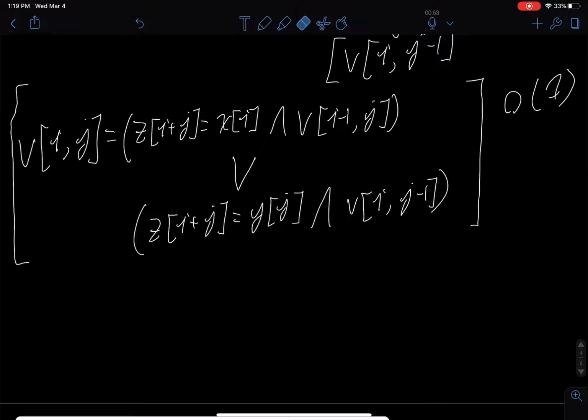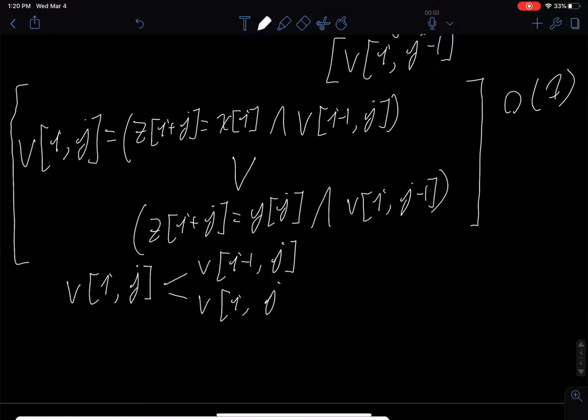Because if we're trying to compute v_{ij}, the only dependencies for computing this are v_{i-1,j} and v_{i,j-1}.